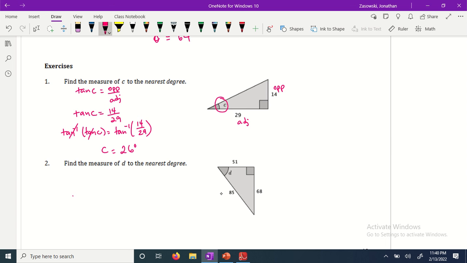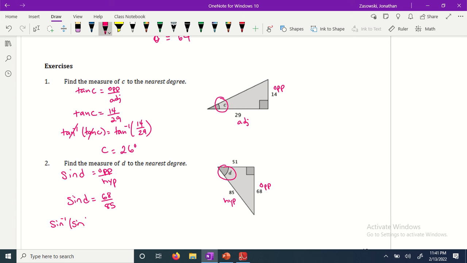The last one, remember we talked about how you have whatever choice you want to make here. We'll go ahead and use the opposite and, I don't know, the hypotenuse. So we'll use these two for the sine. So the sine of angle D is the opposite leg over the hypotenuse, so the sine of angle D is equal to 68 over 85. And we'll check this with the other ones too, just to show that we're going to get the same answer.